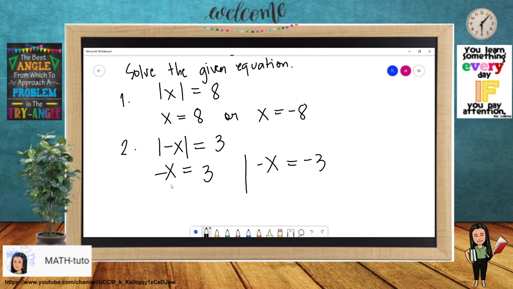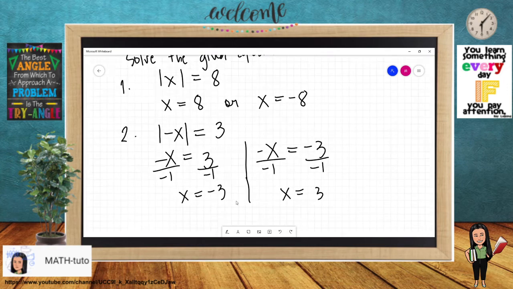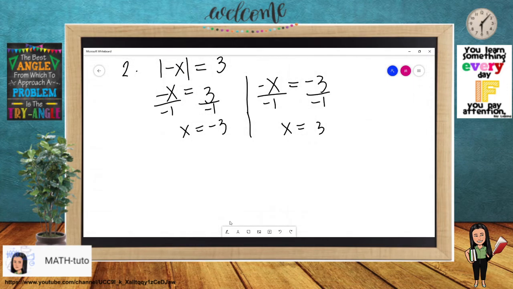So here, we can divide both sides by negative 1. X is equal to negative 3. And then here, dividing by negative 1, x is equal to 3. Okay. So, this example also has solutions. Okay, let's have another one.